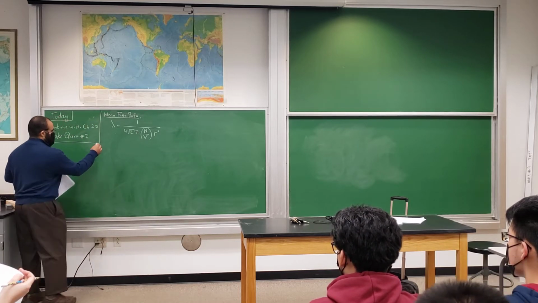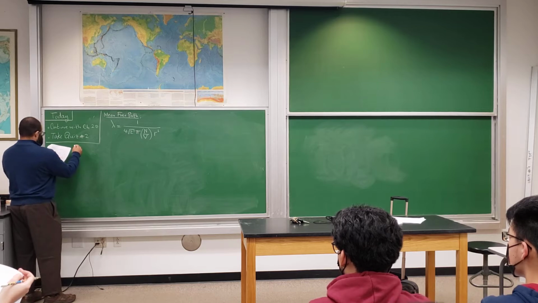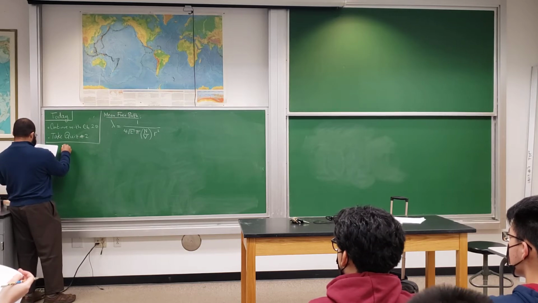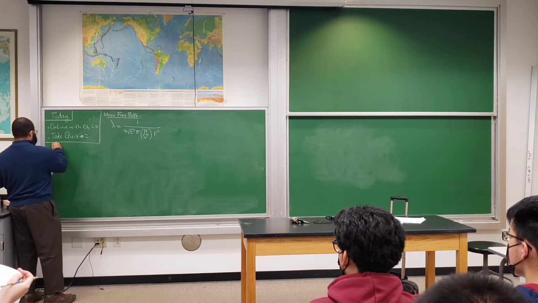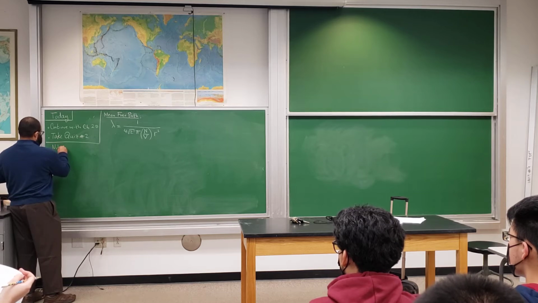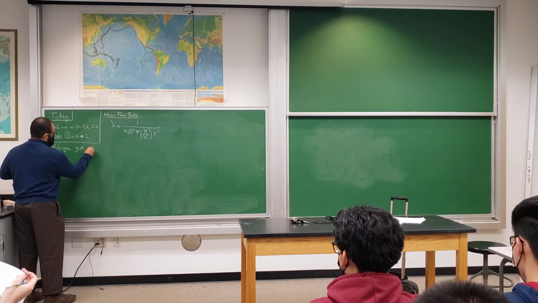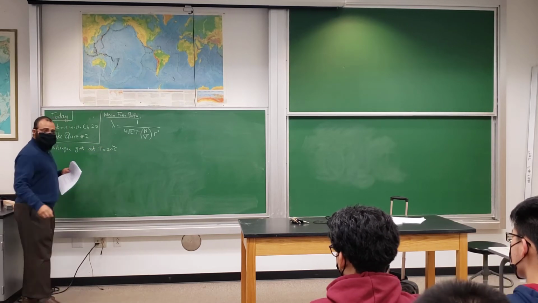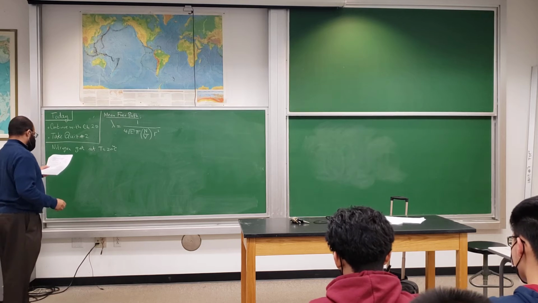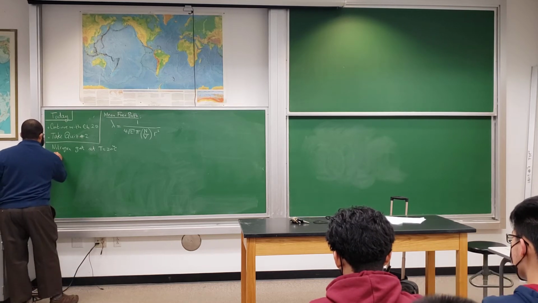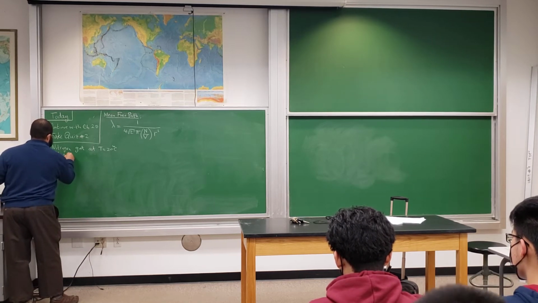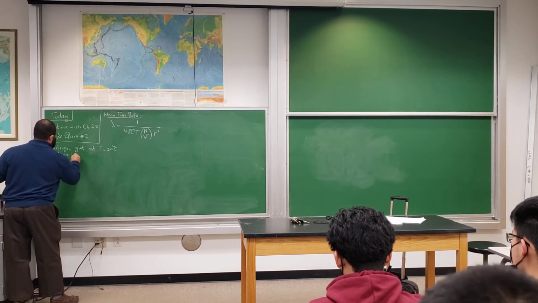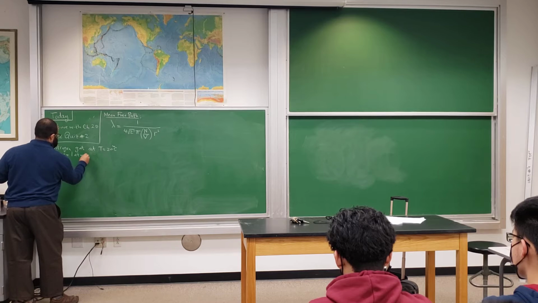So let's say you have nitrogen gas at T equals 20 degrees Celsius, and P equals one atmosphere.